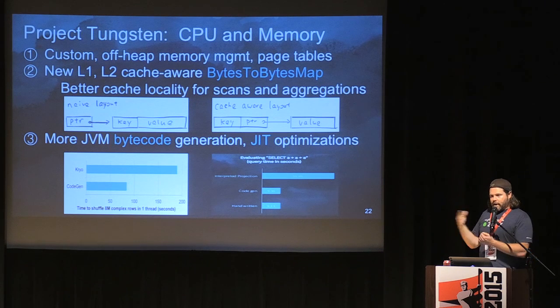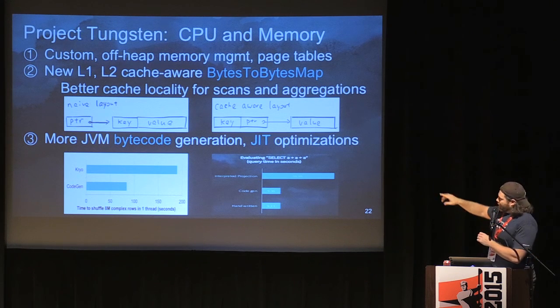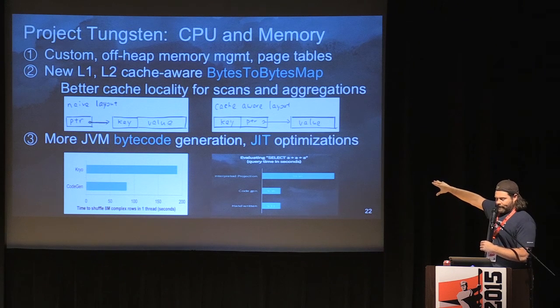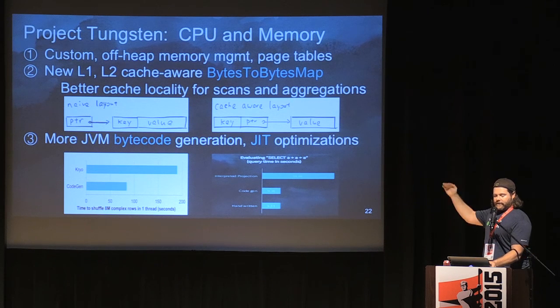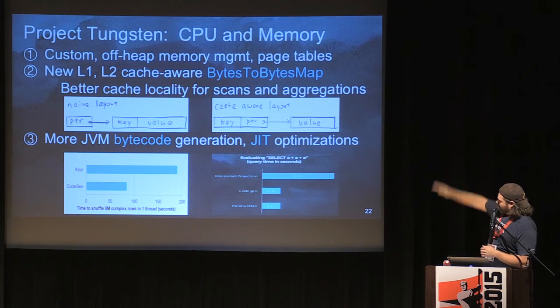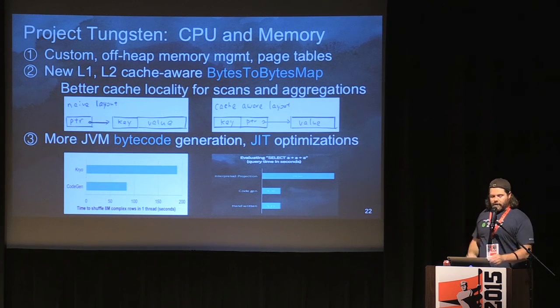You can do tricks where you're 8-byte aligning and that kind of stuff, and you could do that better with the cache-aware layout. So picture all these keys right next to each other. If you're just looking for keys, then you can scan the keys without having to dereference that first pointer and jump over the value, which could be not 8-byte aligned.